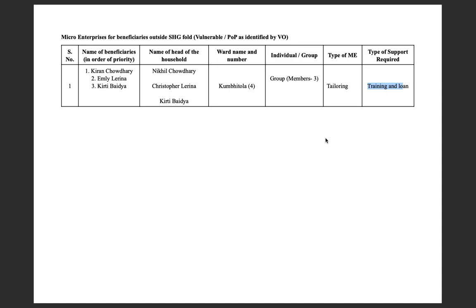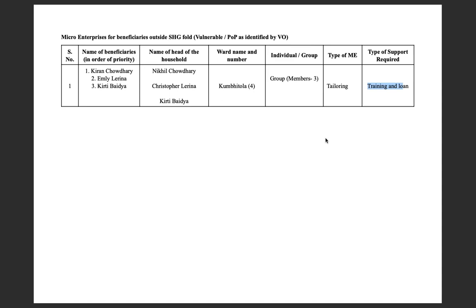There are a few things that we have to keep in mind. The VO plan for entitlement, when consolidated, will only have numbers, and below it the SHG plan needs to be attached so that it becomes easier for anybody going through the plan to refer to these numbers.